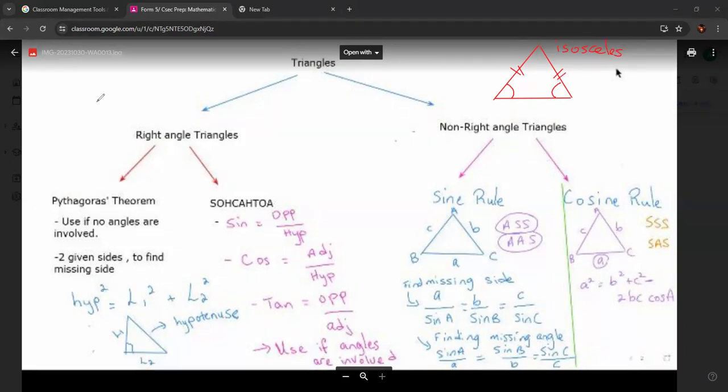If it is that we have all three sides equal, right? So if all three sides are equal, all three angles will also be equal. And that is known as the equilateral triangle.